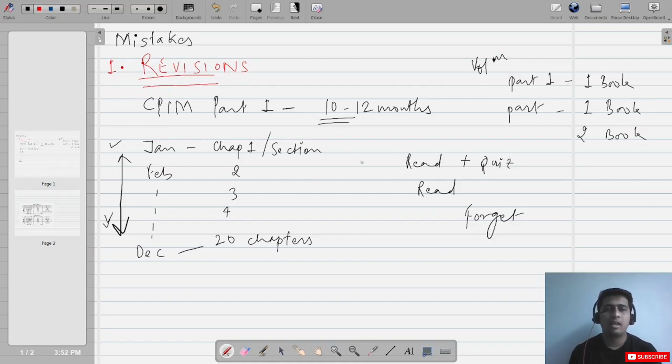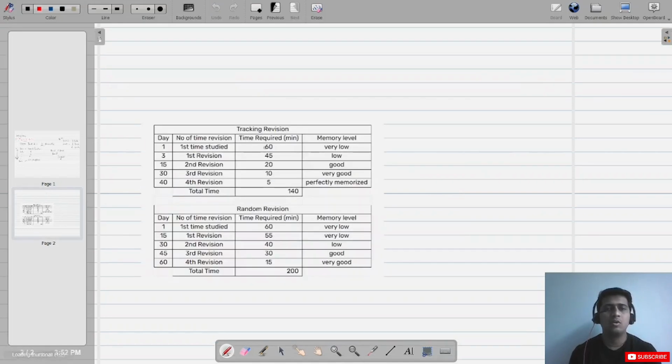So I have a way to explain how revision is really helpful. Here are two ways where one has a tracked revision. This is what is recommended, or which I followed. And this is unplanned revision, the second one.